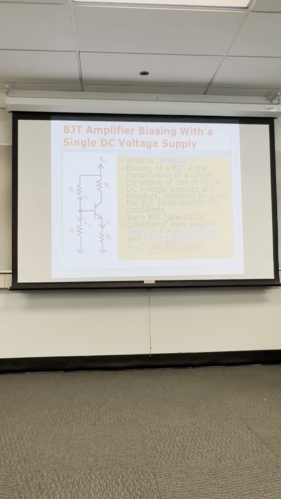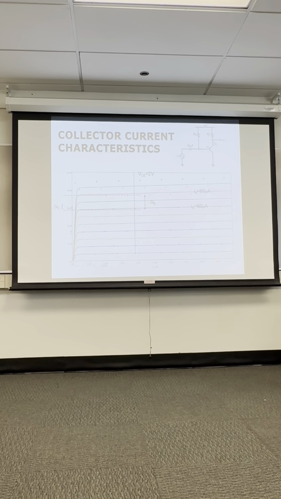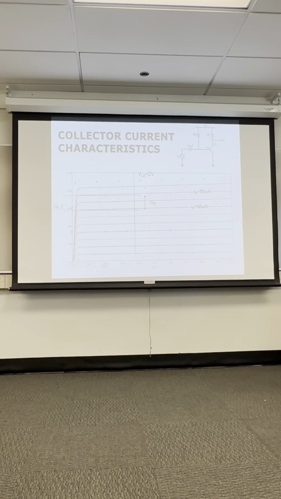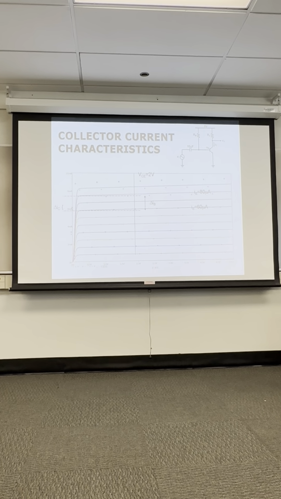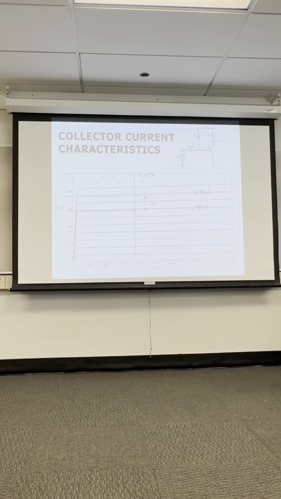So the idea is how do you go about picking the most optimum for your circuit. The manufacturer is not involved in the design of what you're working on, so the manufacturer will usually supply collector curves, BJT curves.